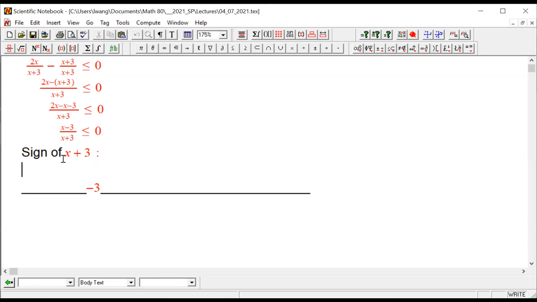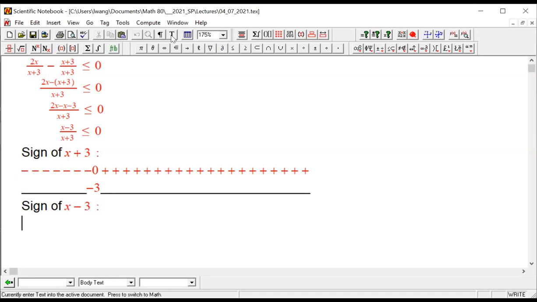When x is less than -3, say -4, you plug in, you're going to get negative. So negative, at -3 it is 0, and larger than -3 it is going to be positive. Right, and then you work with the sign of x minus 3.